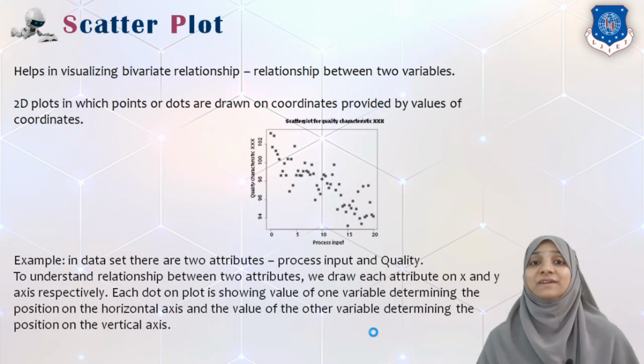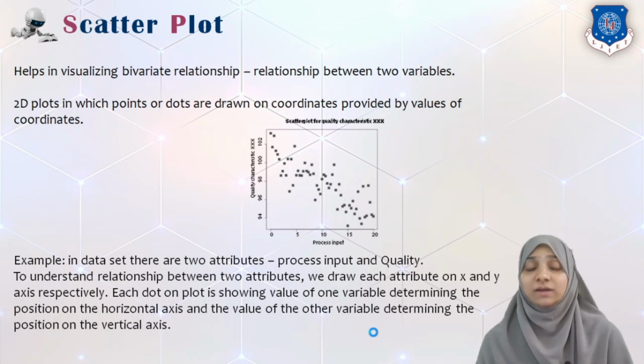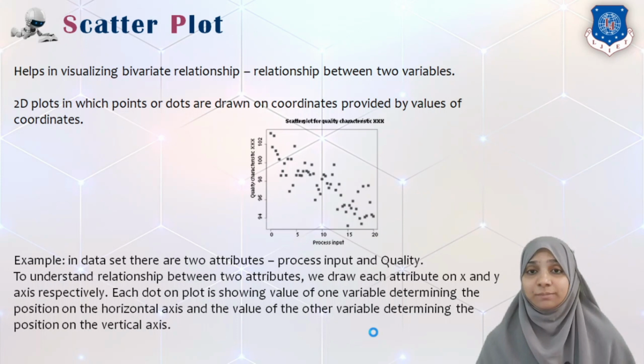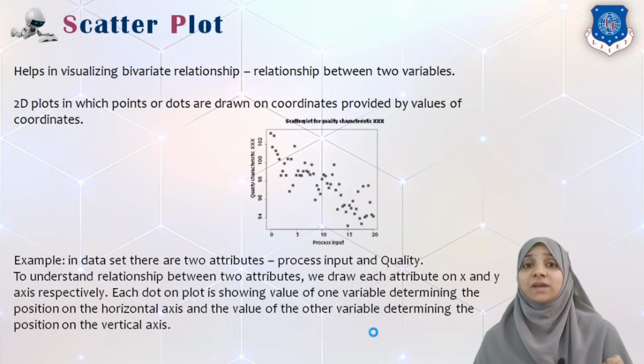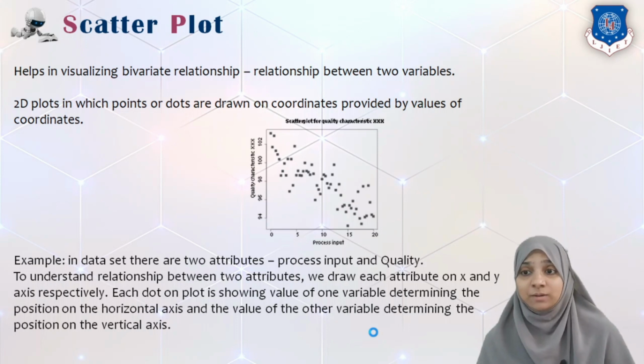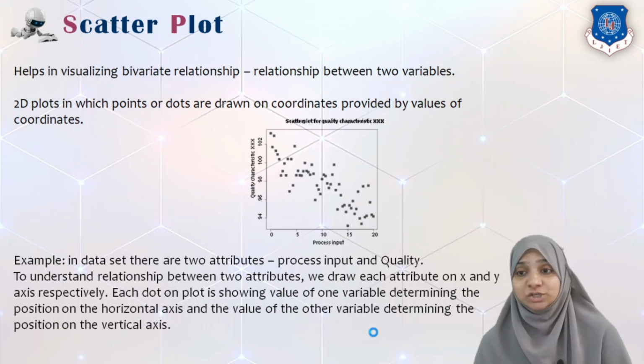All these are variables, the inputs to the data set. Scatter plots are used to visualize bivariate relationship. That means how changing one variable affects the value of another variable. That is what we call a bivariate relationship.